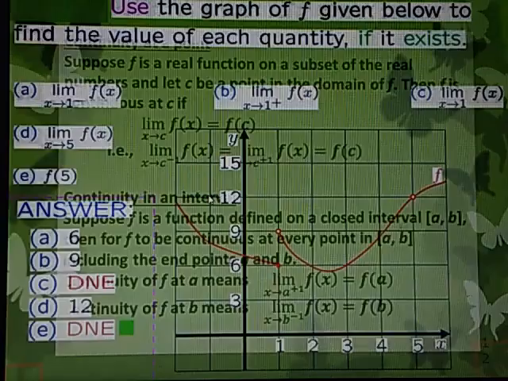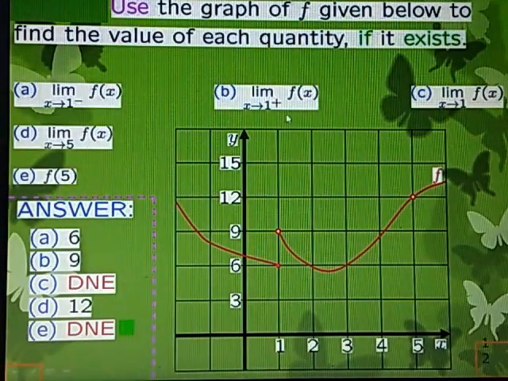Okay, then see the next one. This is the right-hand limit at 1. When x is approaching 1 from the right, to what number is f(x) approaching? So this is the right side of 1. Get closer and closer to x, that is 1, from the right. You will see the curve is getting closer and closer to the number 9.